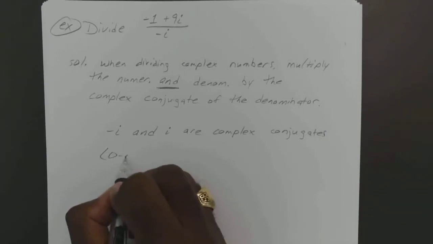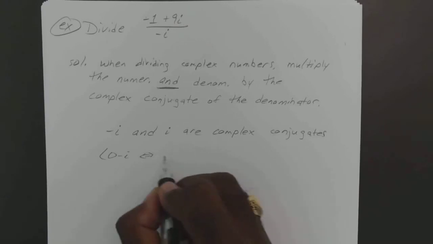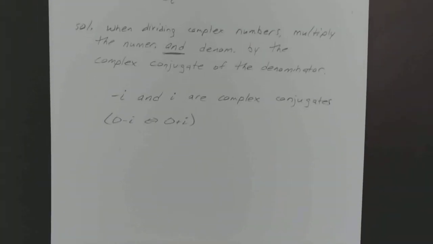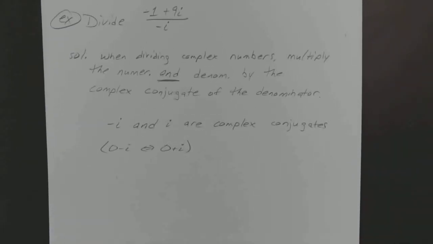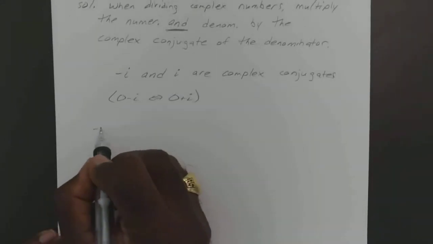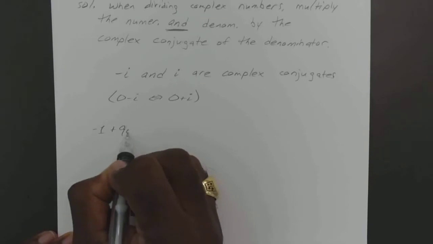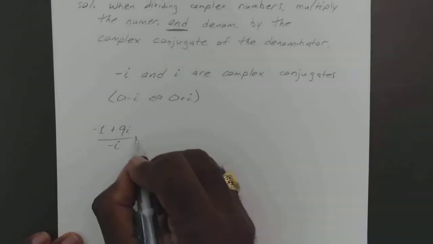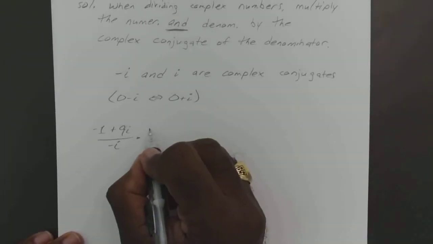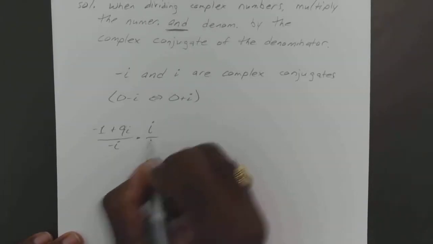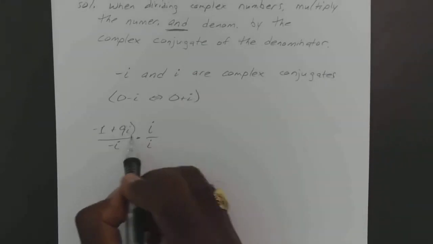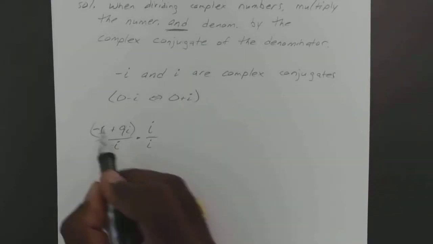And that's that whole 0 minus I and 0 plus I. Okay, so negative 1 plus 9I over negative I, you're going to multiply that by I over I. Okay, now this one you're going to just distribute.